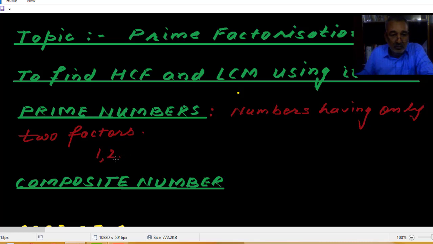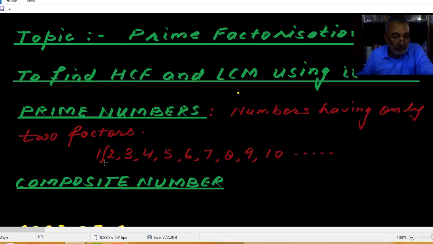1, 2, 3, 4, 5, 6, 7, 8, 9, 10. These are some of our natural numbers. Out of this set, we have to pick numbers which are not divisible by any other number except itself and by 1.